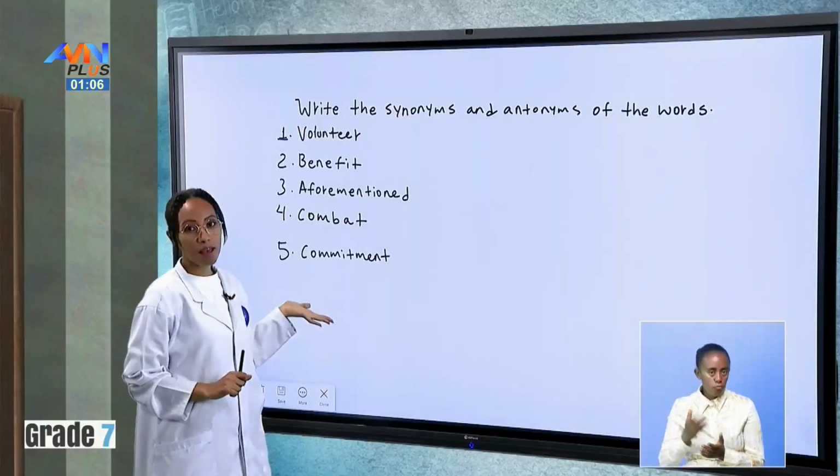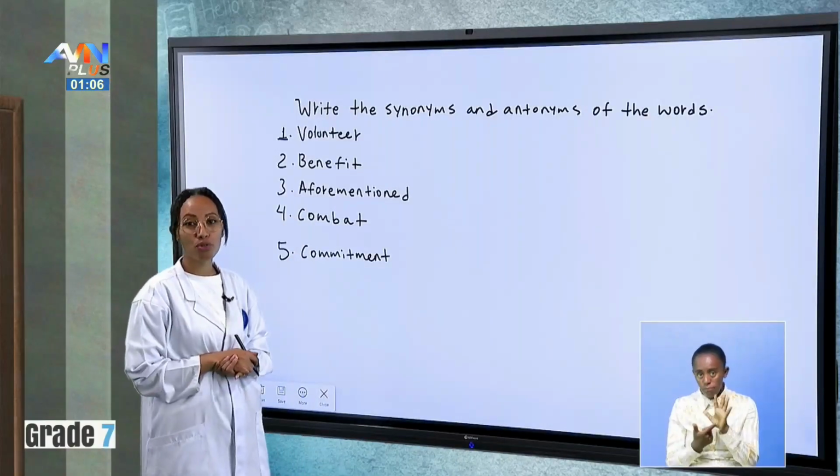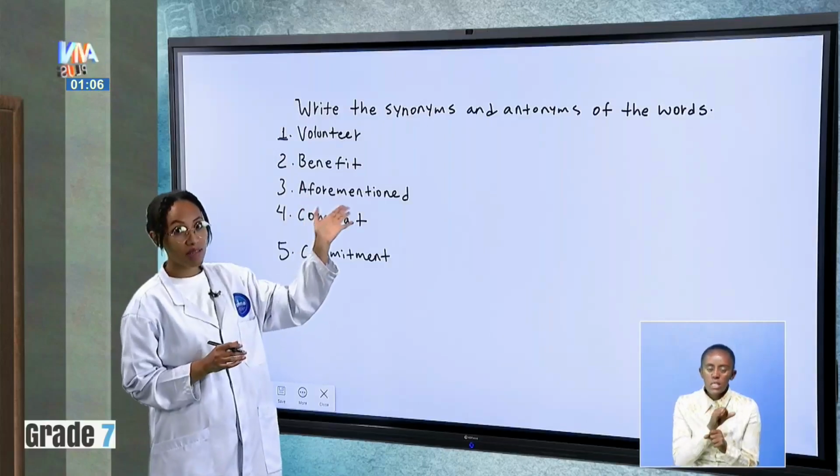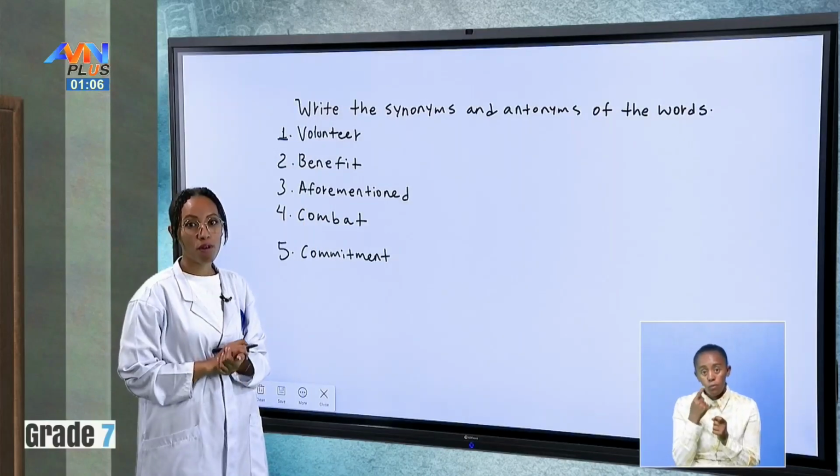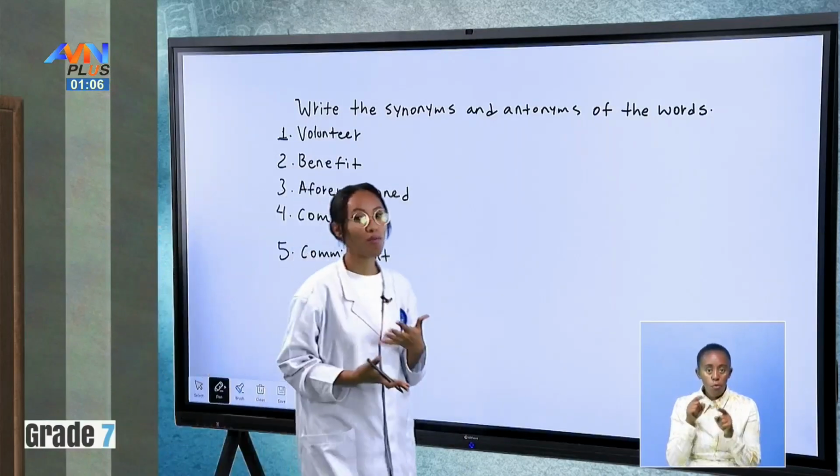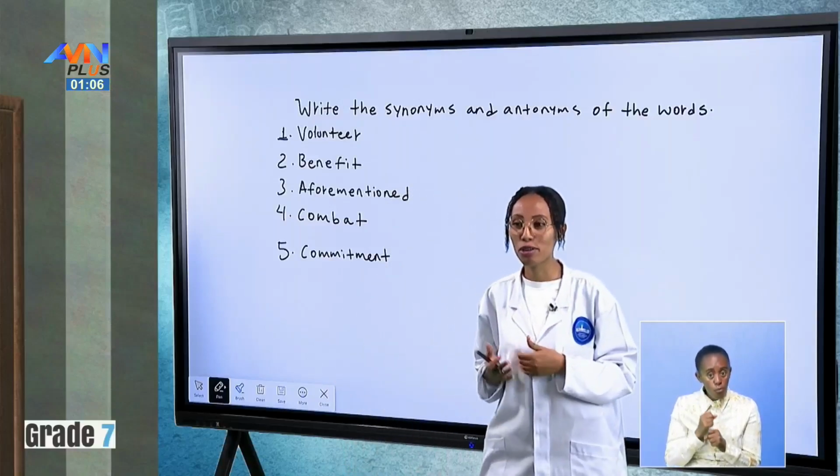These are the 5 words I want you to write their synonyms and antonyms of for a homework. This is going to be your homework, a home activity that you're going to do.